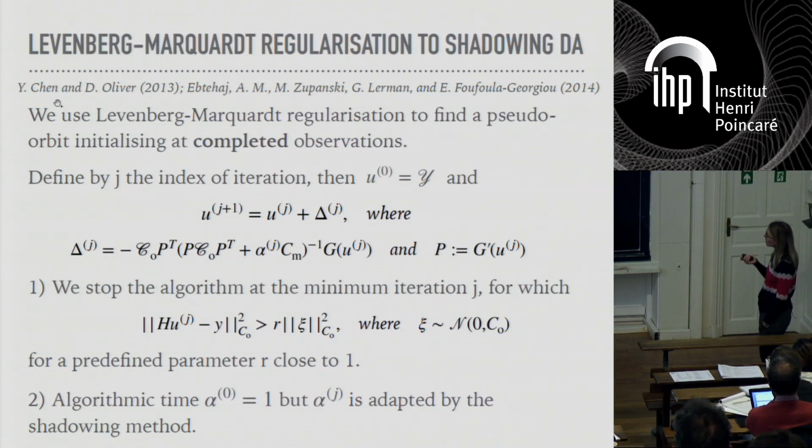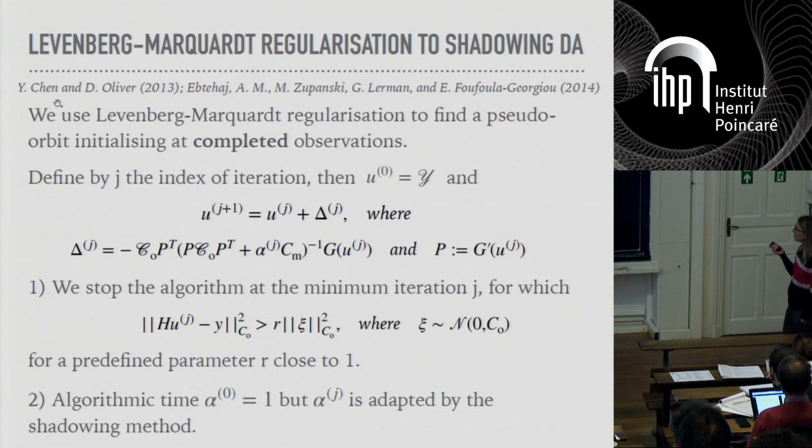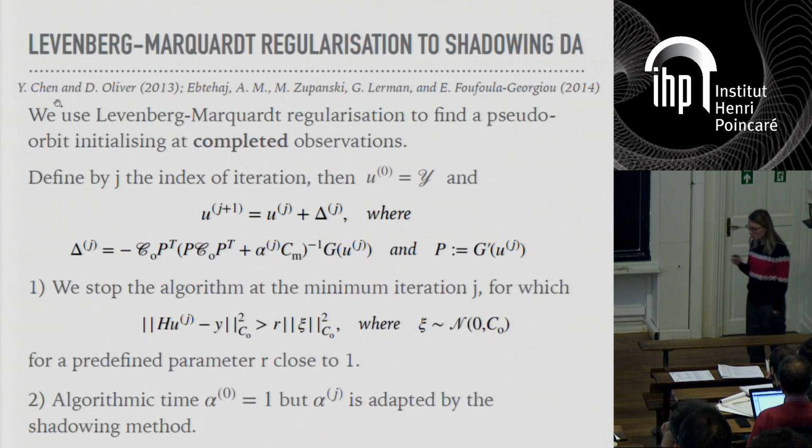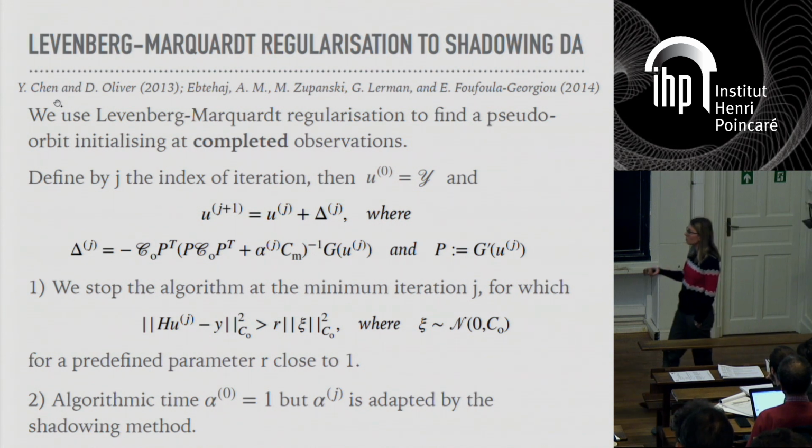So now there are two things that have been taken into account. The first one is the stopping time. We say that we stop at the iteration such that we do not move far away from the observations. We initialize at the observations, and as we iterate, we will go further and further away from the observations.